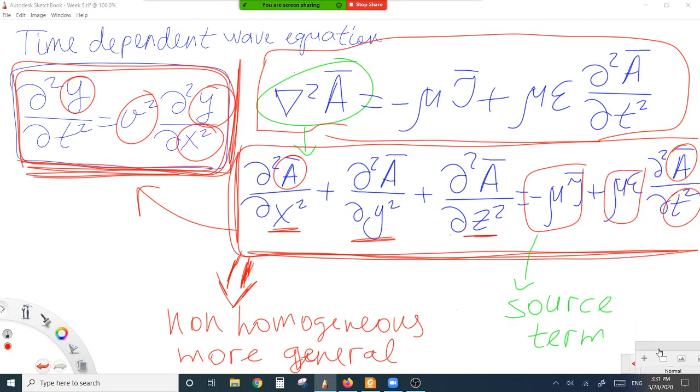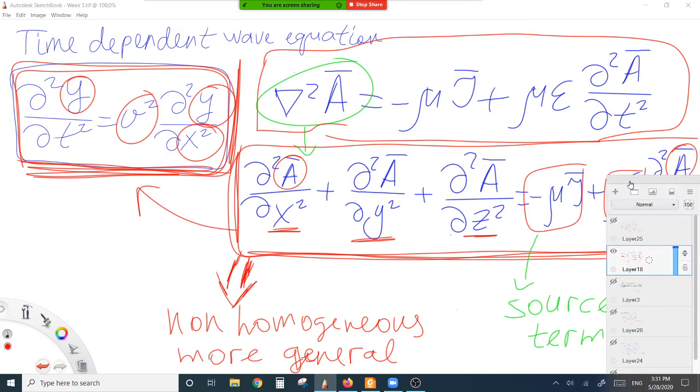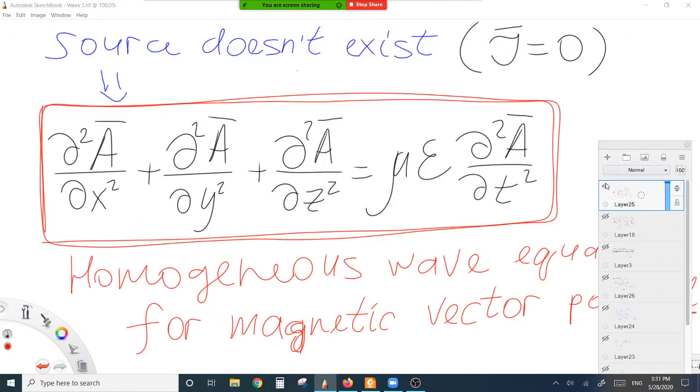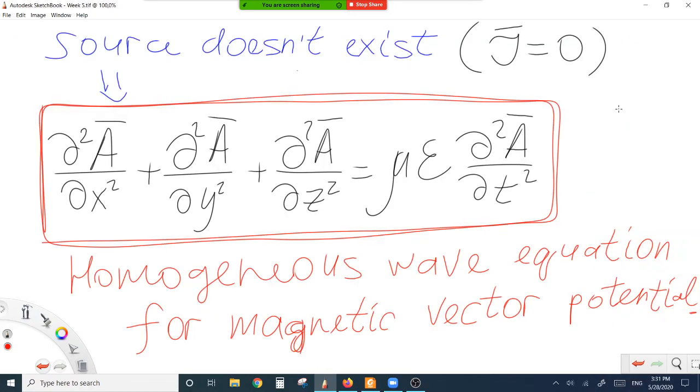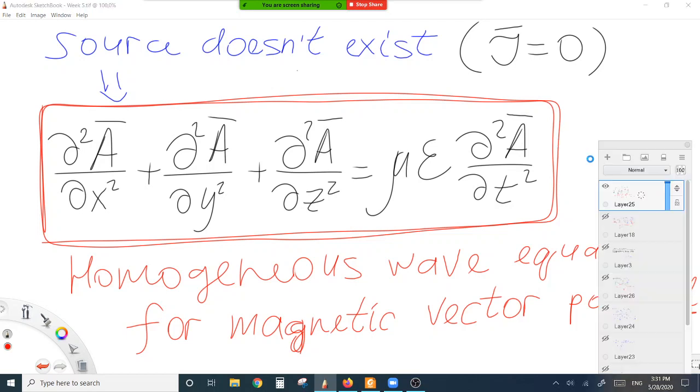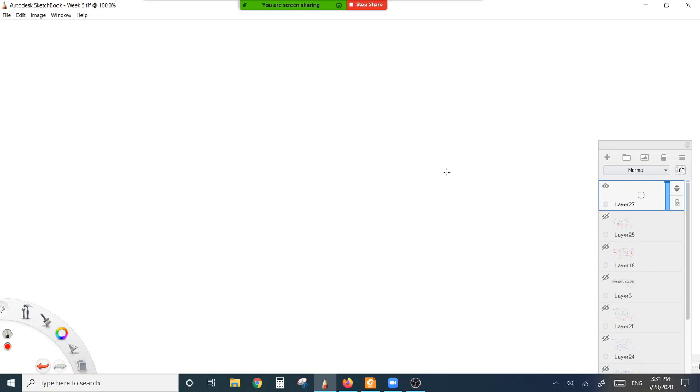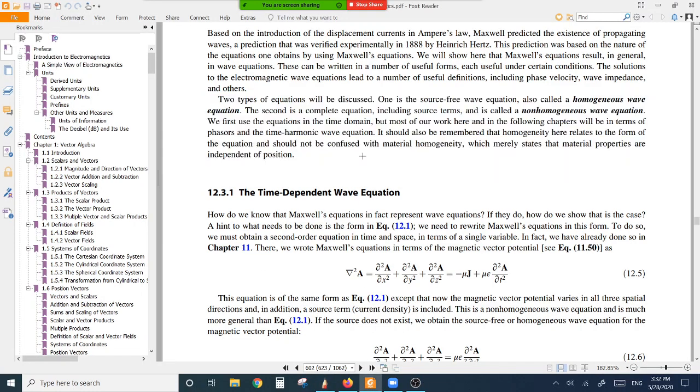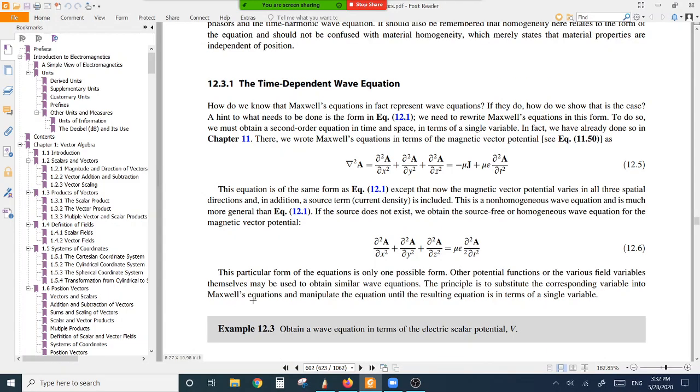First we derived the non-homogeneous wave equation, and if there is no source term, we derive a homogeneous wave equation. Okay, now let's see an example, a very little example.